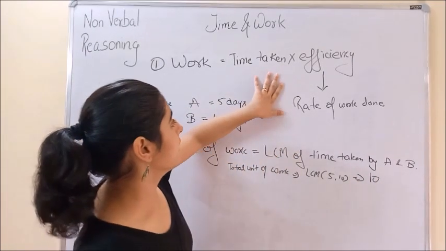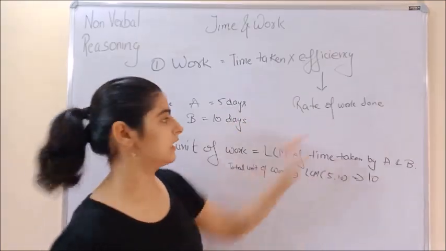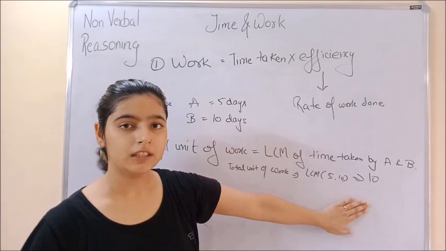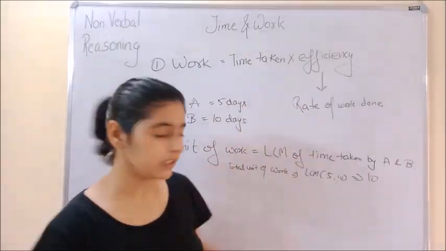From here, efficiency is rate of work done. We have total number of work, so we can find out the efficiency of A and B individually.